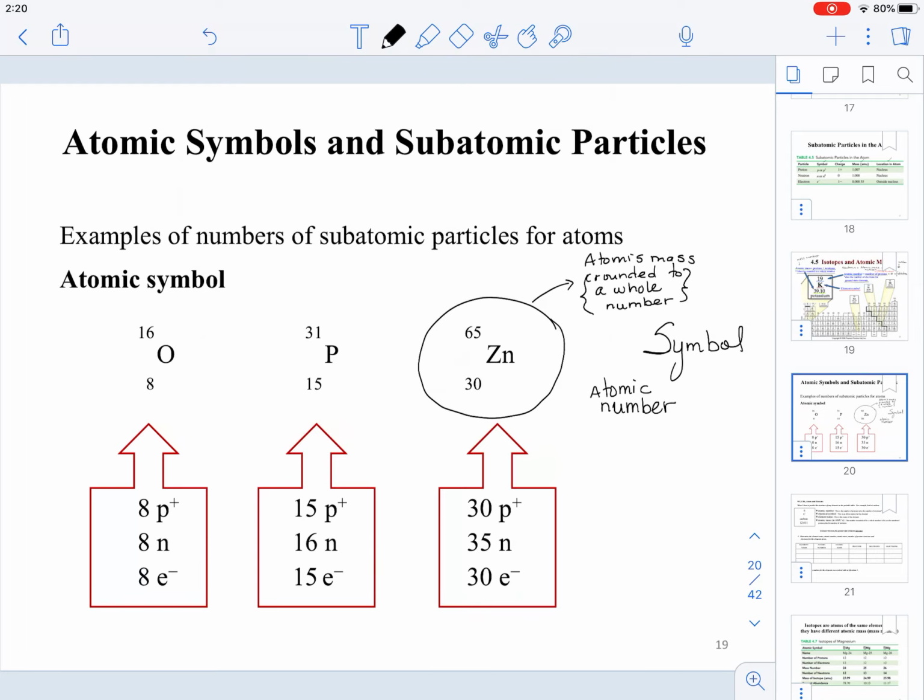Oxygen has an atomic mass of 16, because when I take 15.9994 and round it to a whole number, it's going to be 16. So this is the atomic mass. Bottom left corner, this is going to be the atomic number.